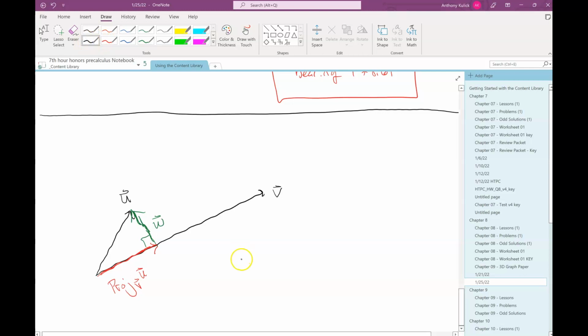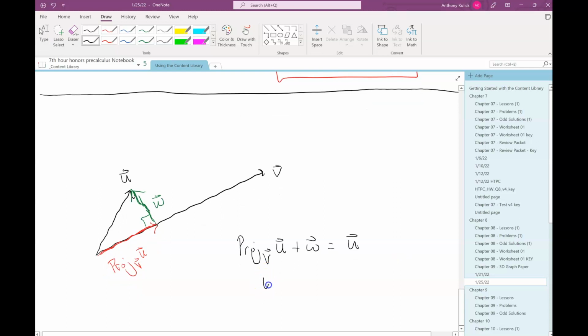So what we can say here is that the projection of u onto v plus w is equal to u. Or, if we rearrange things, w is equal to u minus the projection of u onto v.